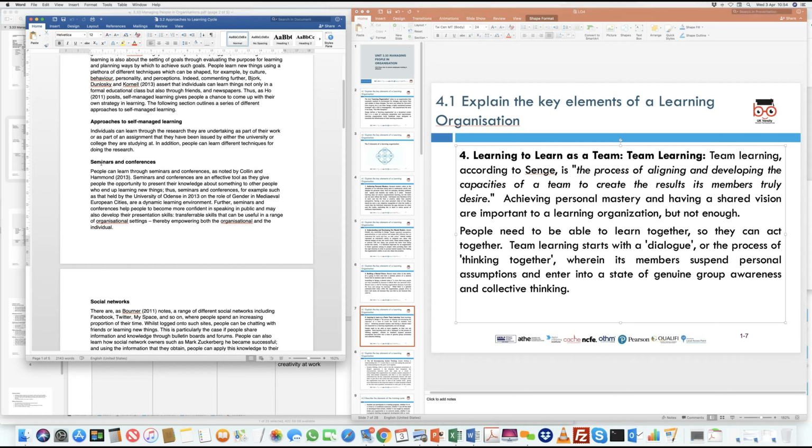And team learning can typically happen through, say, for example, a dialogue. It can happen through certain exercises which the organization can undertake, and these could be portals which they set up for, say, for example, training and development.